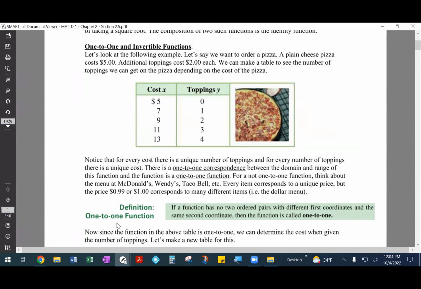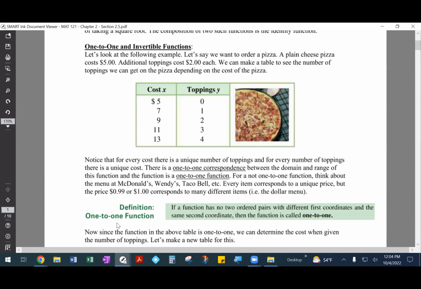So, they're talking about a dollar menu at any of the fast food places, McDonald's, I guess Wendy's, Taco Bell, anything else. So dollar menu is the idea that for $1 you can get a drink, right? $1 you can get fries, $1 you can get probably a small size burger or slider or something.